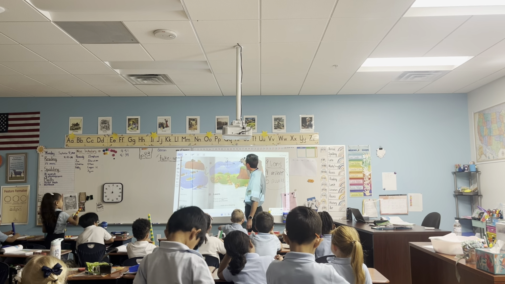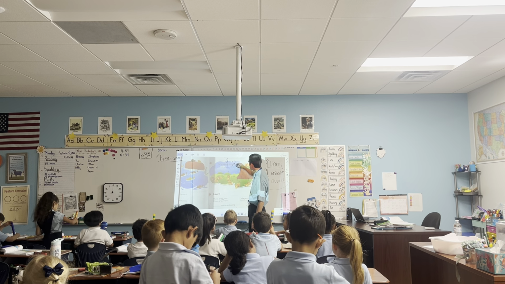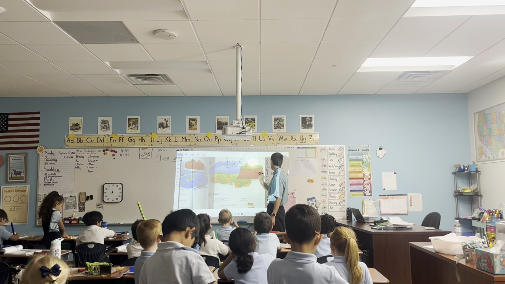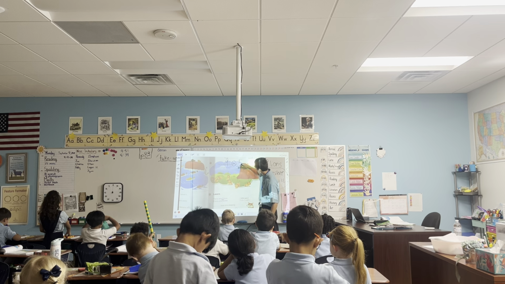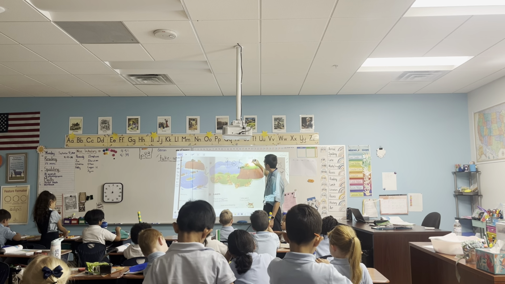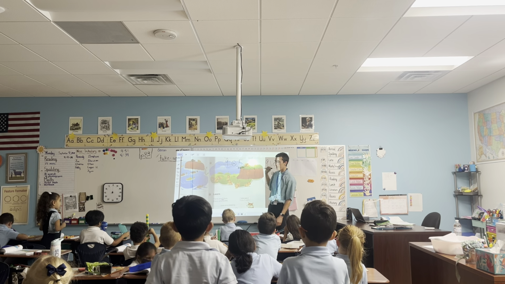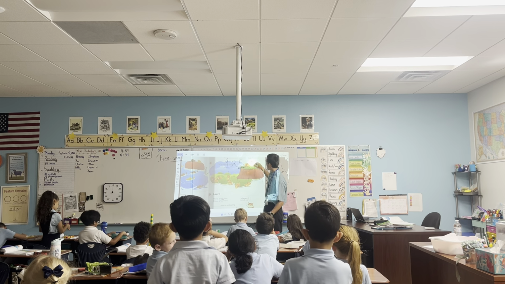Subtraction, because we want to find how many are either asleep or awake. So I've got 9 lions minus the 5 that are awake. And that tells me how many are sleeping, which is what? 4. Thank you, Jane.